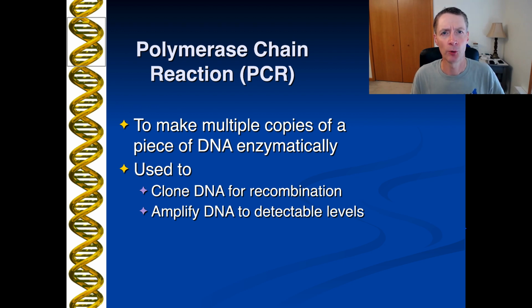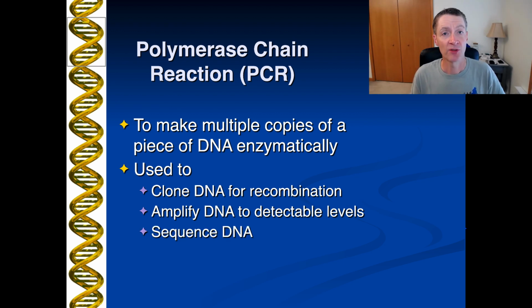You might have seen it in the news over the last few years. They found some DNA in samples, and they've been able to use PCR to amplify those samples of DNA to detectable levels, and then use that to figure out how related they are to modern day elephants.